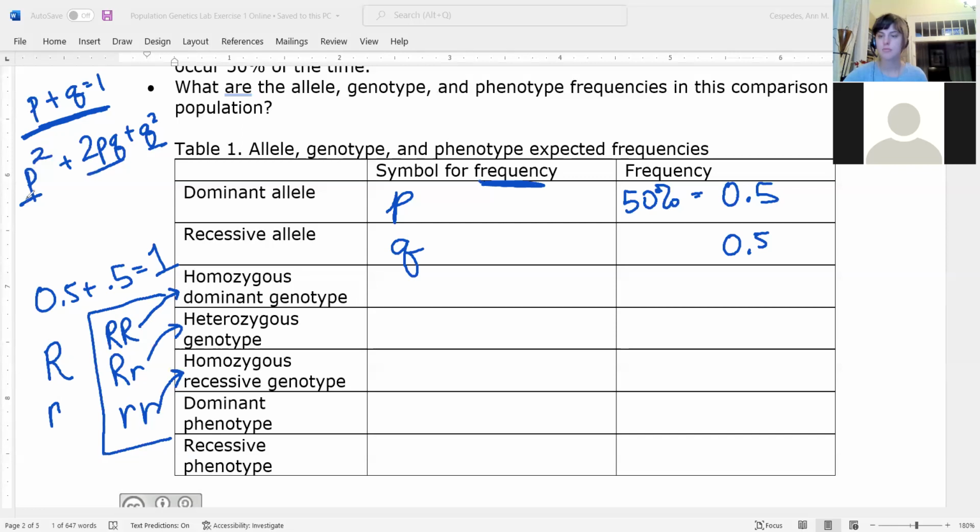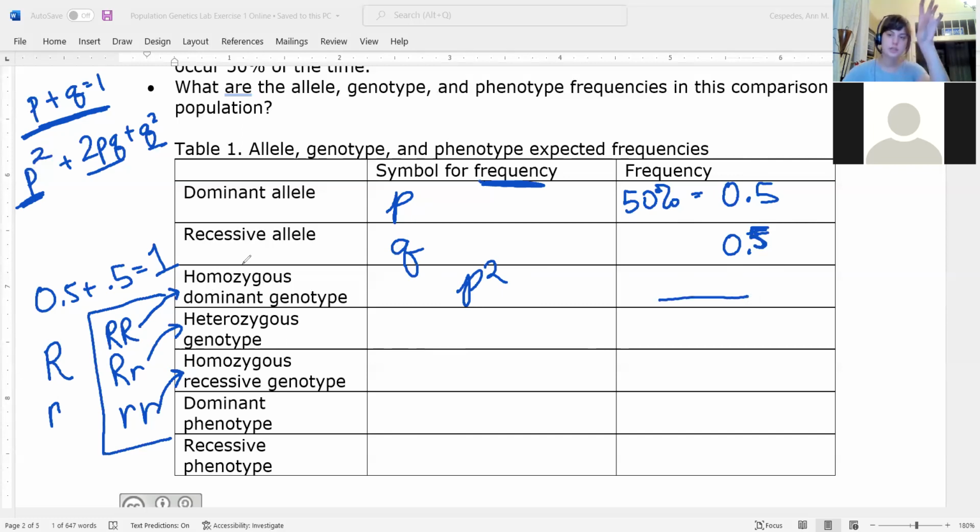You just have to relate the terms to these different things and then plug in the numbers for p and q. So homozygous dominant genotype frequency, that's p squared. What is p squared? That's 0.5 times 0.5, and then you would put that answer here.